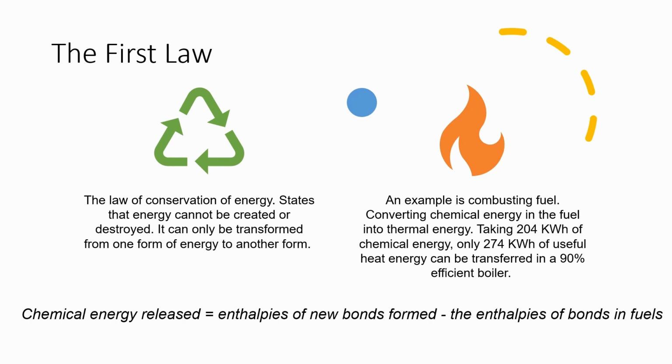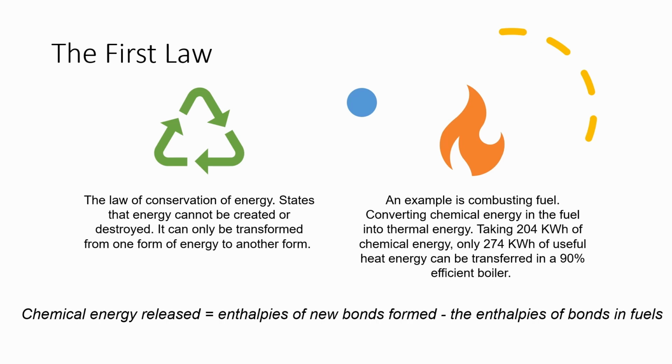The first law, the law of conservation of energy, states that energy cannot be created nor destroyed. It can only be transformed from one form of energy to another. An example of this is combusting fuel, converting chemical energy in the fuel into thermal energy.